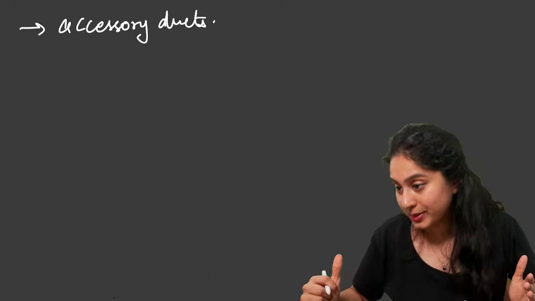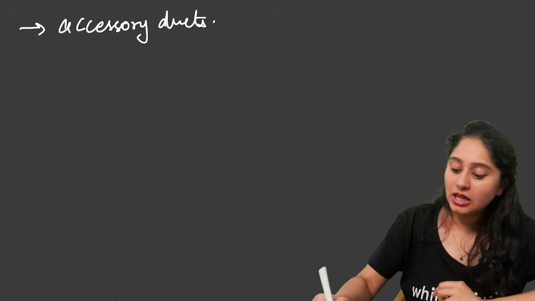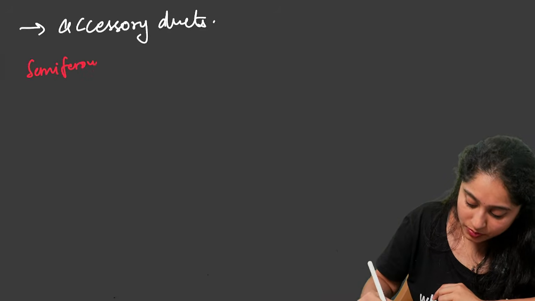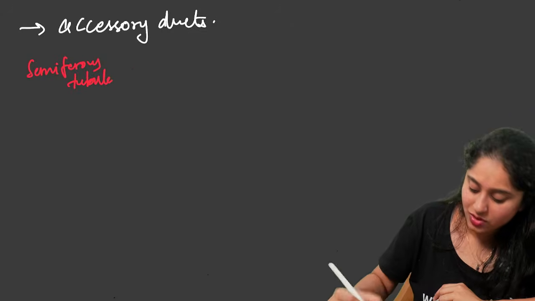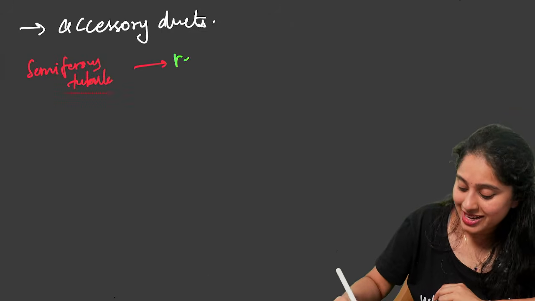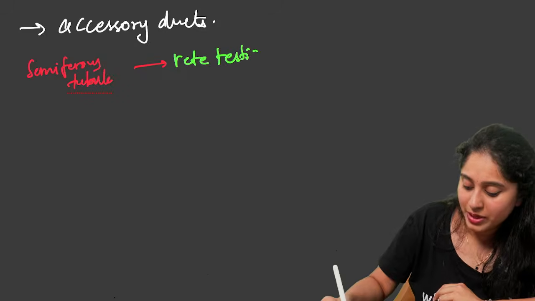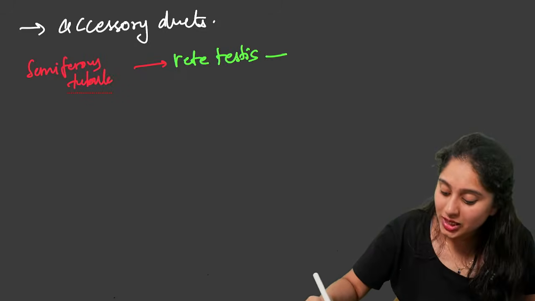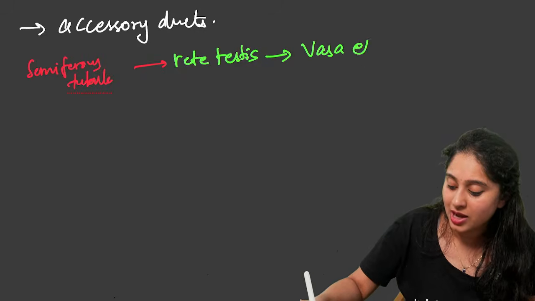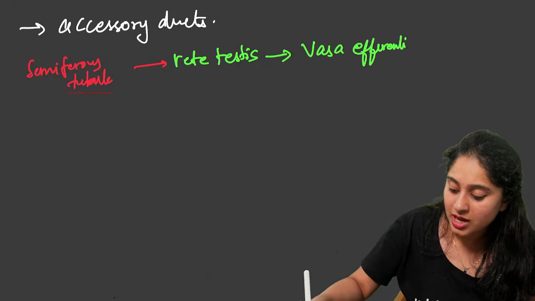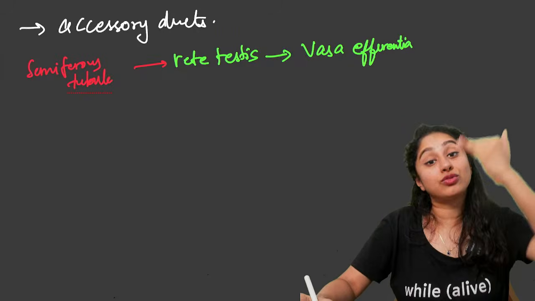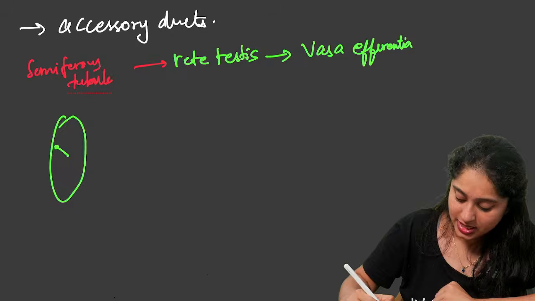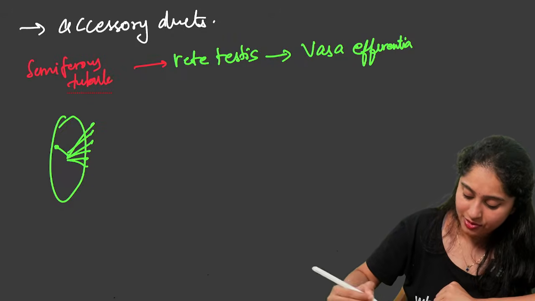So from the seminiferous tubule, we have structures known as the rete testis, which will bring the sperms outside of the seminiferous tubule. Then this will connect to the vasa efferentia. This will bring it outside of the testis. So from here we have the rete testis, then the vasa efferentia.